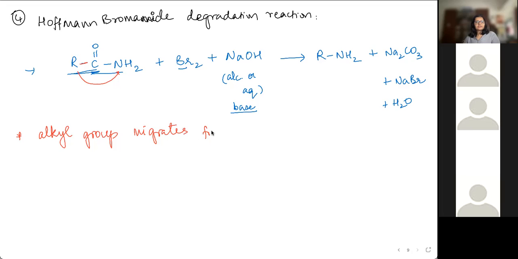So this migrates from the CO to the NH2. And yeah, degradation, as I said, the final amine contains one less carbon than the amide you started off with.